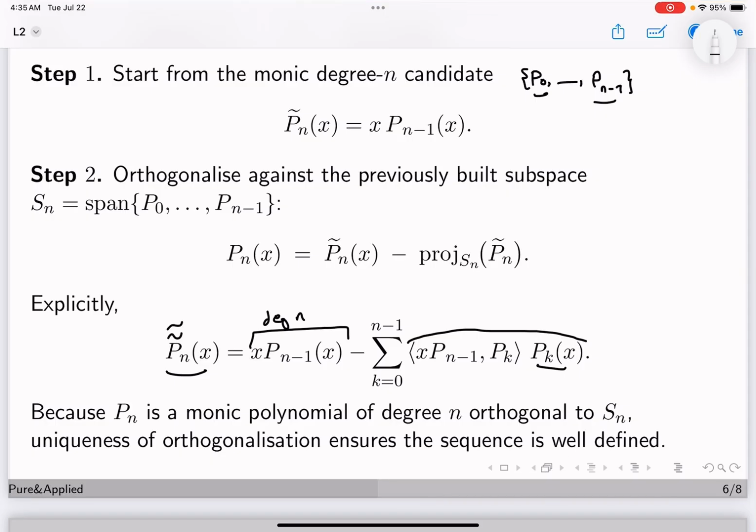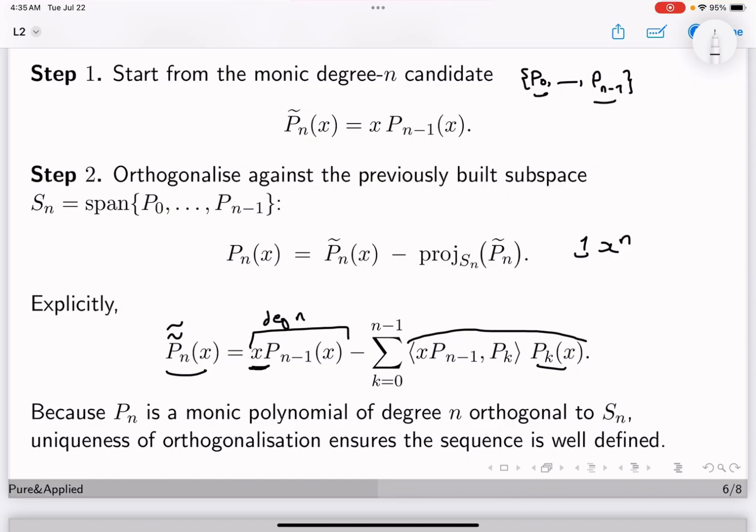So this polynomial is of degree n to begin with. It's monic in the sense that its higher order coefficient is just 1, right? So the coefficient of x to the n is 1.